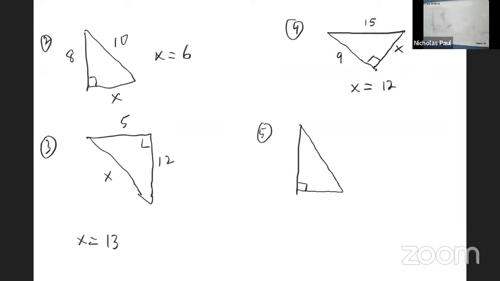So work out this one here for me, please. $21. Try this one here, work out X, please. Try to work out X.